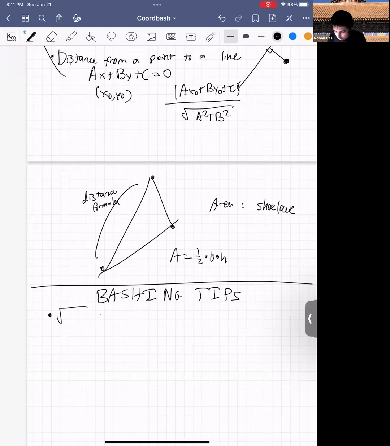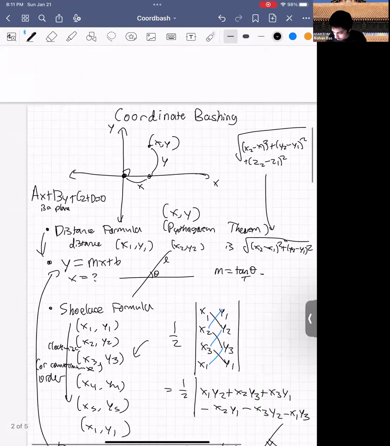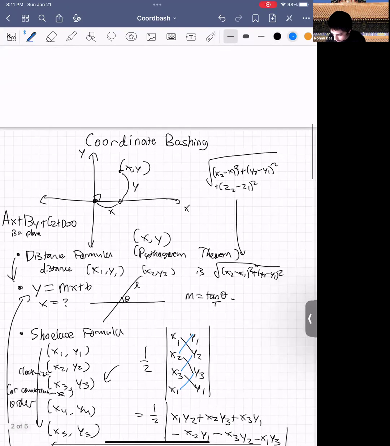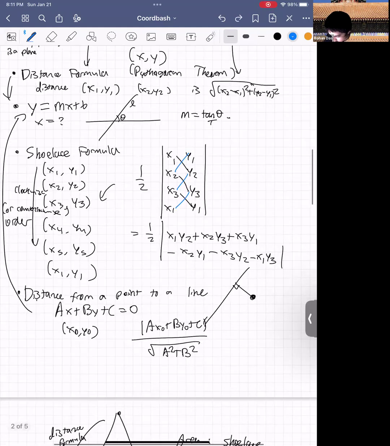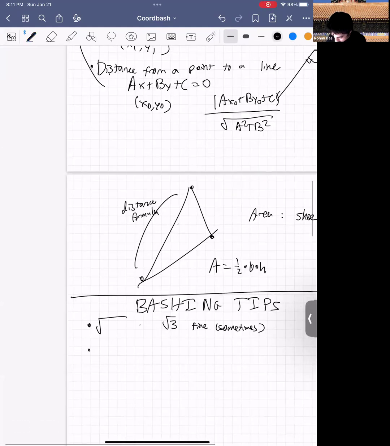If you have something like square root of 3, which comes up by itself, that can be fine. But in general, the distance formula, for example, has a square root. And if this doesn't turn out to be an integer, it can be too ugly to work with, and the bash would likely not be feasible. And so this is something you want to avoid.